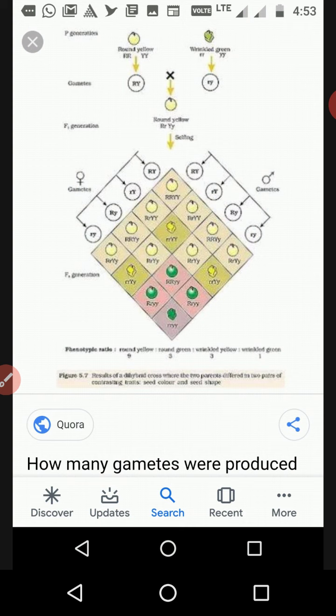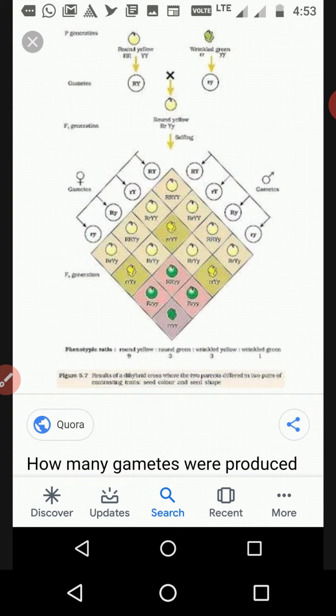One parent is homozygous; see the parent generation at the top. He used two characters together in one seed: the seeds are round in shape and the color is yellow. So two homozygous factors are there, capital Y and capital R.